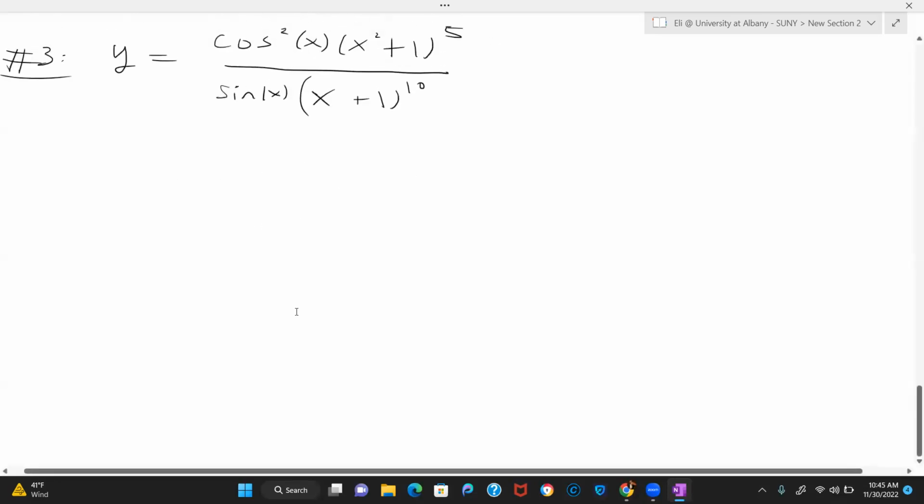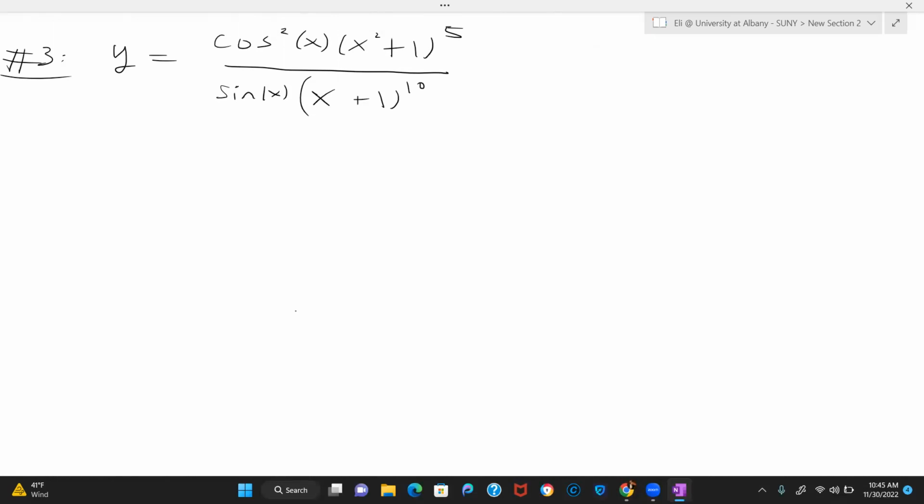And so technically you can do product or chain rule, and technically you don't need logarithmic differentiation, but it's going to be horrible without it. And that's why I suggest using logarithmic differentiation.